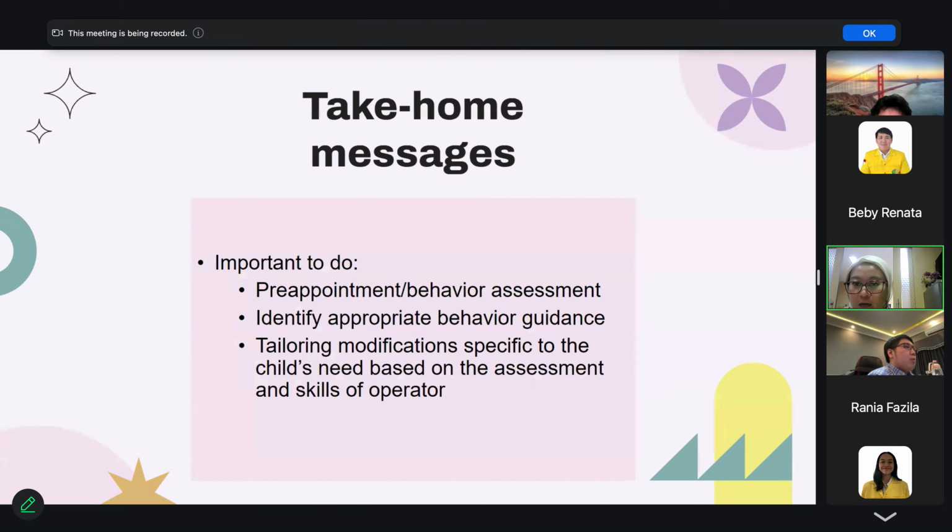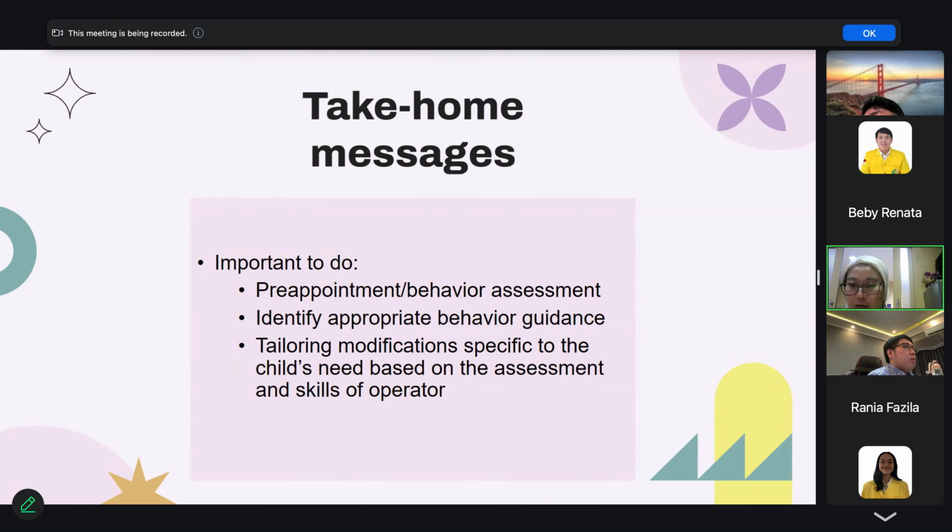So in this scenario, you have learned what to do if you meet a special needs patient. Please remember, first is to make the behavior assessment. It would be better if the parents already give the information before the first visit to the office.